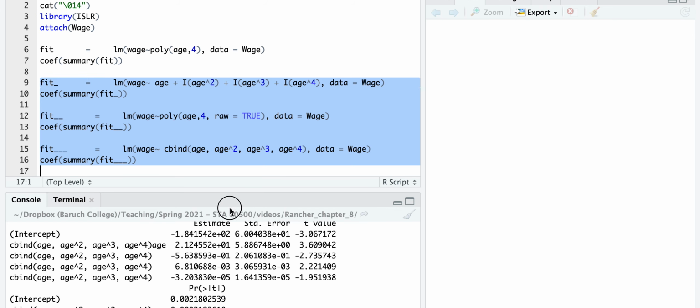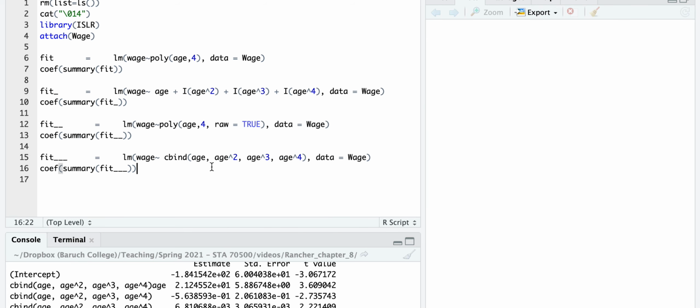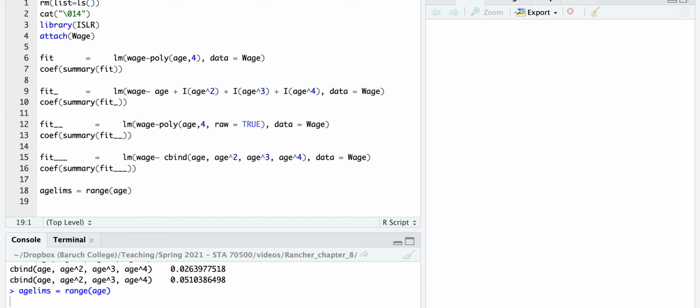Now, let's say we want to make predictions for all ages. We want to make predictions for all ages. We have the age limits, which is range of age, 18 to 80.